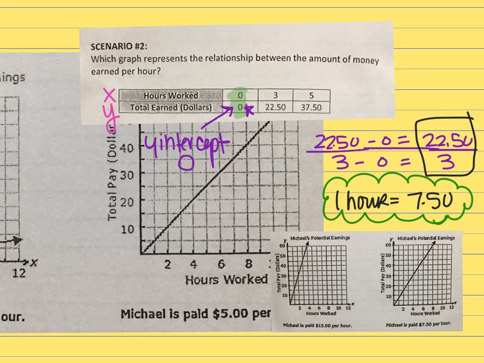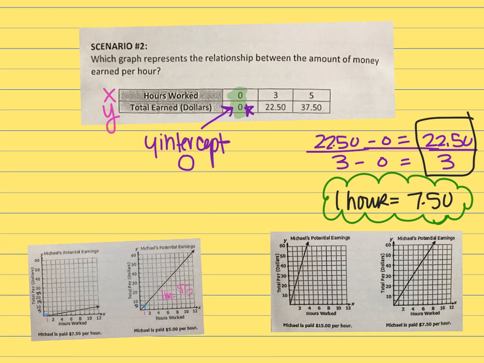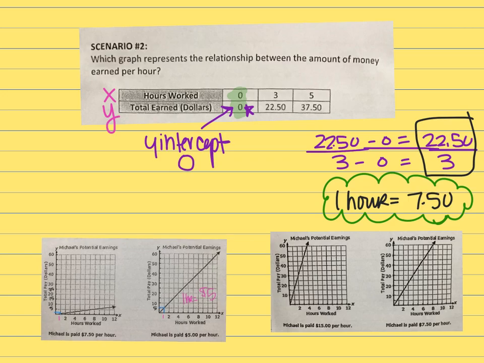If I scoot this graph over and look at the next one, 1 is right here. So if I go up from 1 to the line and go sideways, remember that first spot was a 5. So for this second graph, it is saying that 1 hour equals 5. Okay, that's not what we want. We want 7.50. So I can shrink these graphs back down.